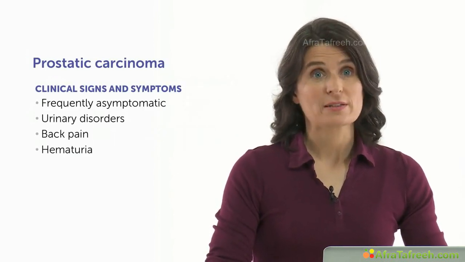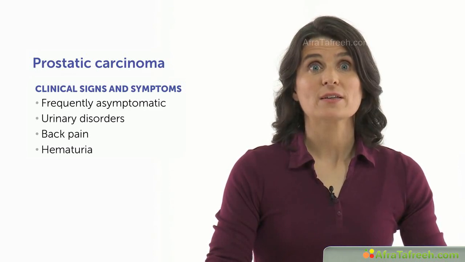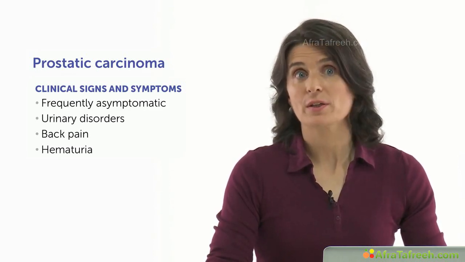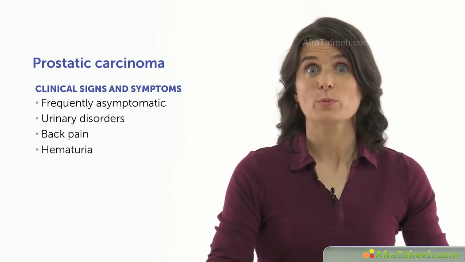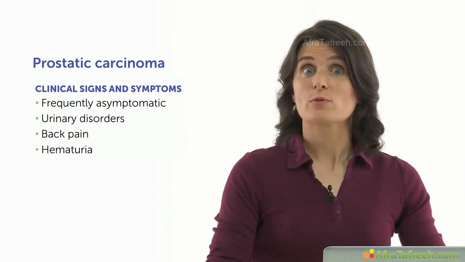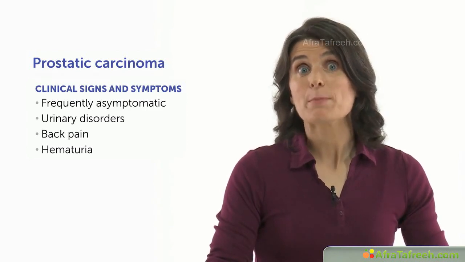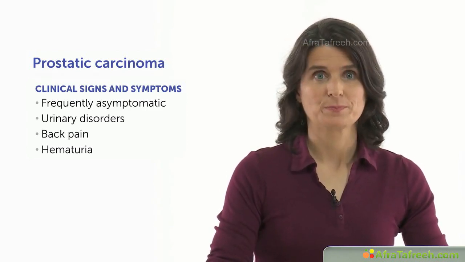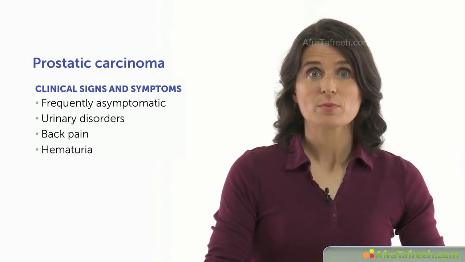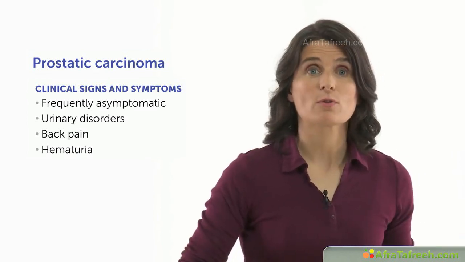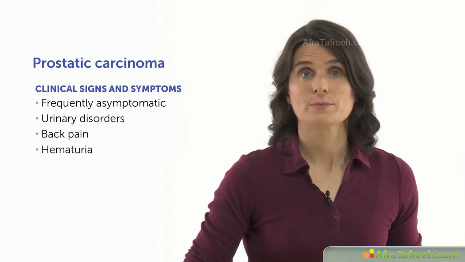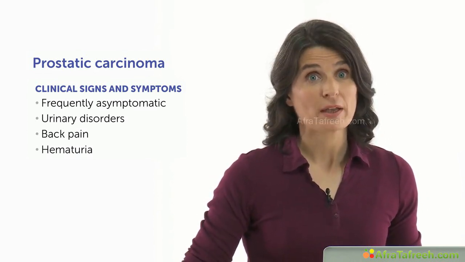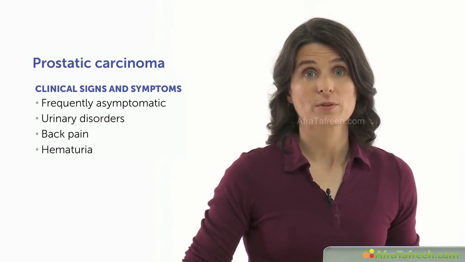The prostatic carcinoma often shows no early clinical signs, and it is often identified in asymptomatic patients, for example, in a urologic routine checkup or as an incidental pathologic finding when tissue is removed in transurethral resection of an initially benign prostatic hyperplasia. In later stages, symptoms like hematuria and urinary disorders, like, for example, urinary urgency and difficulties can occur. Also, lower back pain can be a symptom of the prostatic carcinoma.